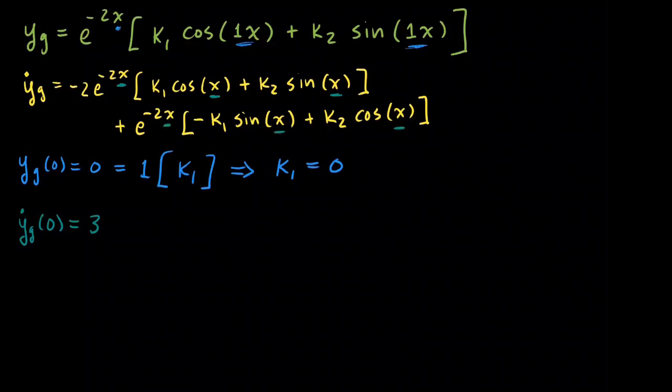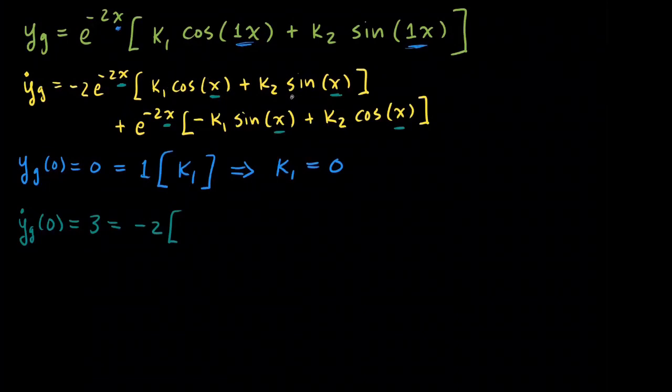You want to be careful about the bookkeeping here. When I do that, e to the 0 is 1 out front, and then I've got this negative 2 coefficient. So it's negative 2 onto, and I already know k1 equals 0, so I can eliminate k1.